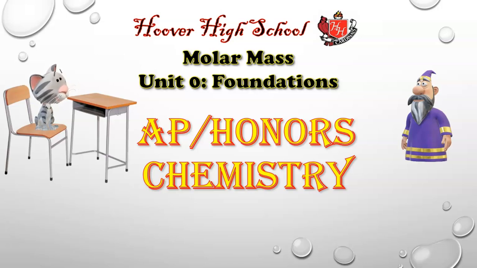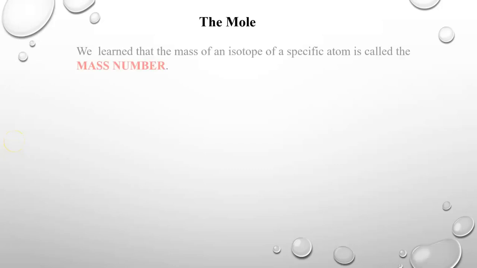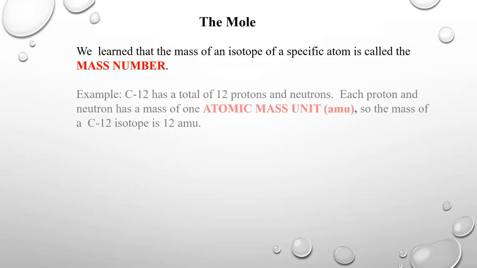AP and Honors Chemistry, we're now getting into a subject that's at the center of the study of chemistry, which is the subject of molar mass. We learned that the mass number of an isotope of a specific atom is called the mass number. Example, C12 has a total of 12 protons and neutrons.